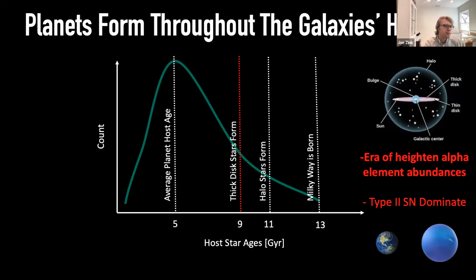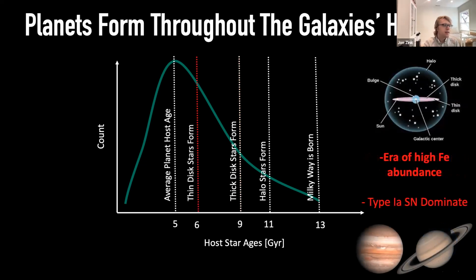And then at 6 gigayears ago, the thin disk forms. And at this point, type 1a supernovas kick on, and we start to see this higher iron abundance become dominant in the stellar spectra.